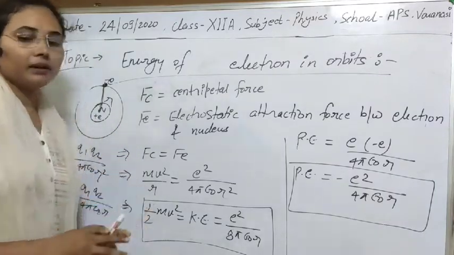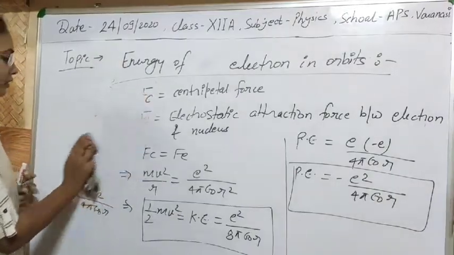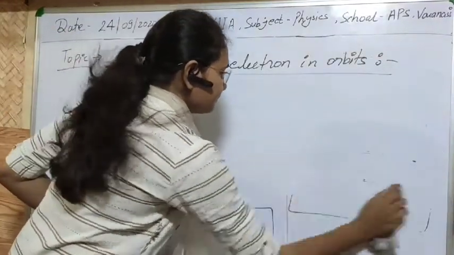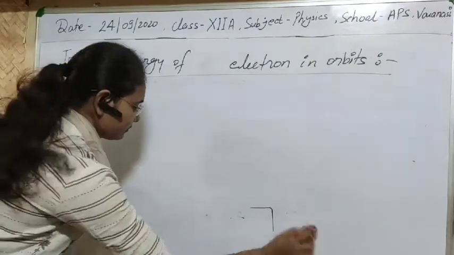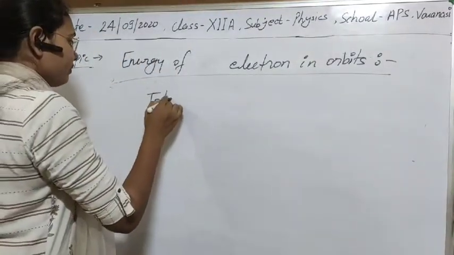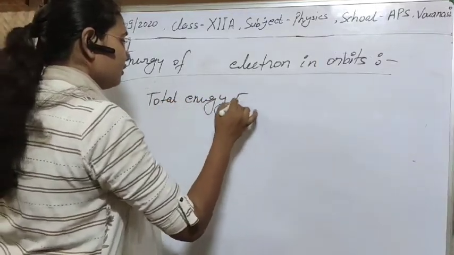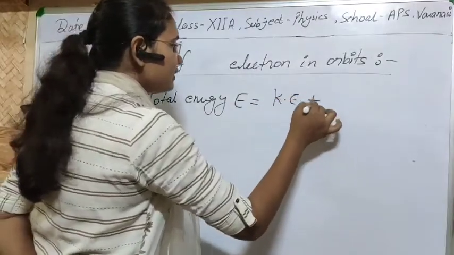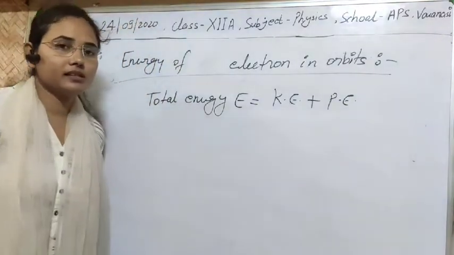Let's see what will be the total energy of the electron revolving around the nucleus. As you know, the total energy in this model is given by kinetic energy plus potential energy.